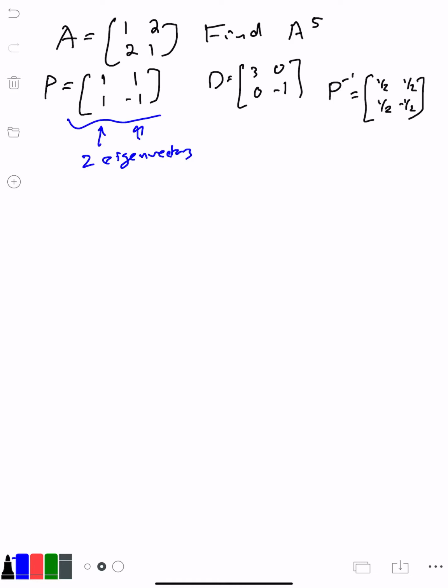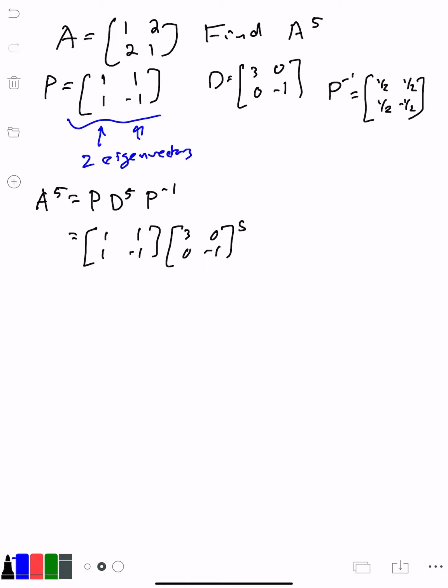And so what I then do, if I take A to the 5th, would be P D to the 5th P inverse. That's [1, 1; 1, -1], D is [3, 0; 0, -1] to the 5th power, times [1/2, 1/2; 1/2, -1/2].